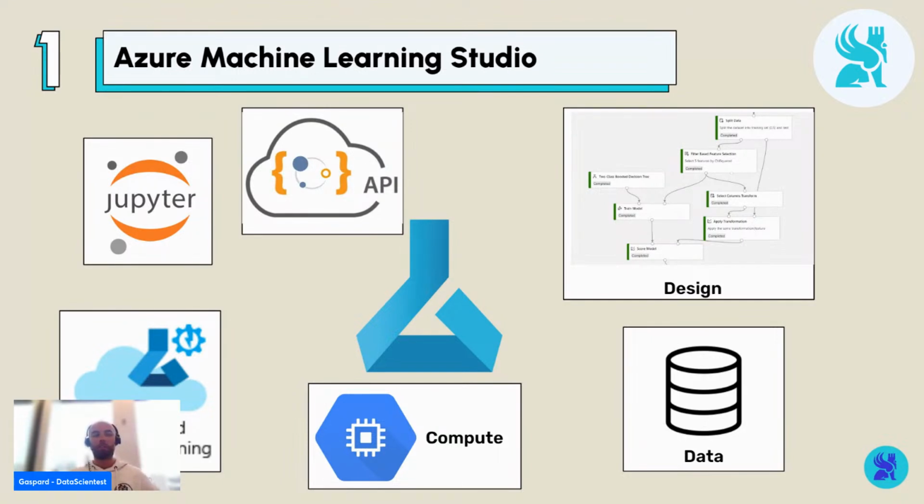Within Azure Machine Learning Studio, you can access either Jupyter notebooks, with code in Python, or you can also access some automated machine learning tools, and we'll show that in a few minutes, to easily develop using drag and drop and just some button clicking. You can develop a machine learning model without even using code, and that's pretty convenient.